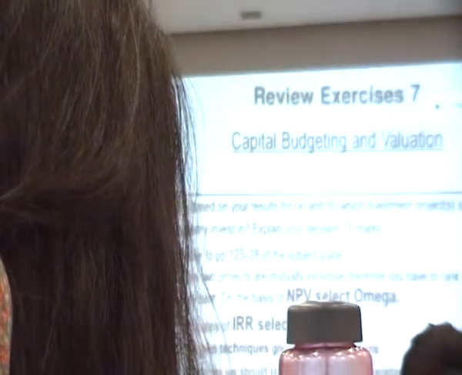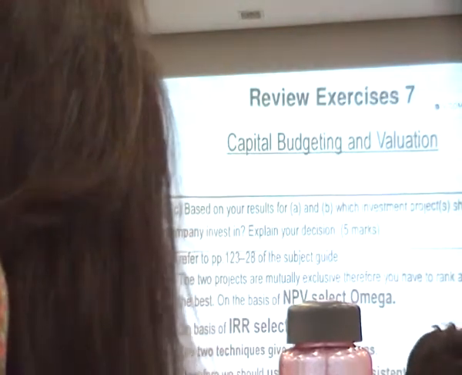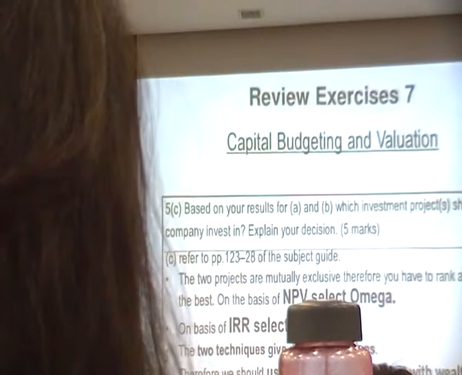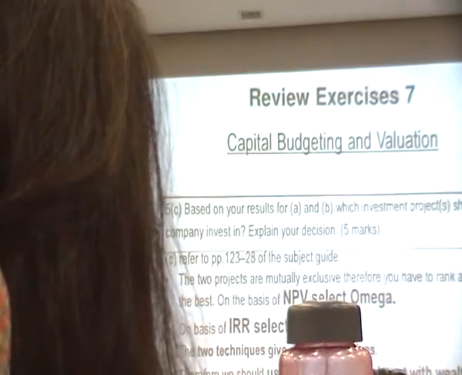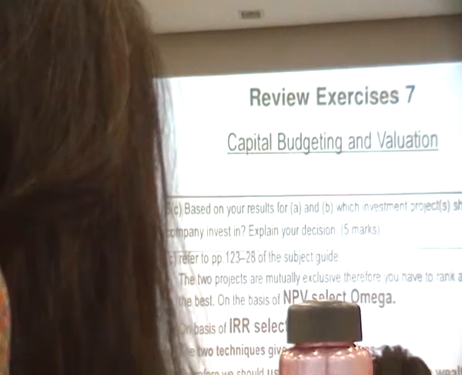So, on page 9 of your review exercise, what is the decision? According to NPV, we have selected omega. According to IRR, now we choose alpha because 40% is more than 12%.